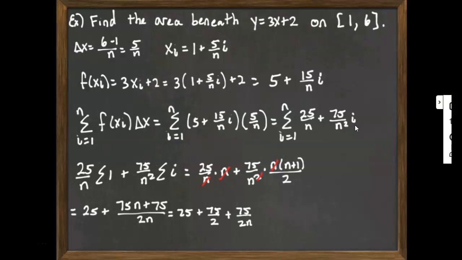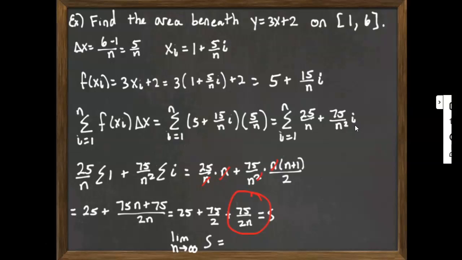Now that formula will tell me the area estimate for any number of subdivisions: n equals 4, n equals 8, n equals 1,000,000. We can call that S, our sum. Now we can combine the 25 and the 75 over 2, and I will do that in a moment. But once we have our formula for the sum, we go ahead and take the limit of it as n goes to infinity.